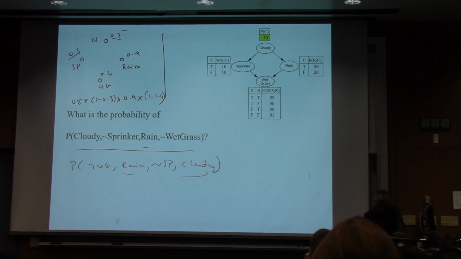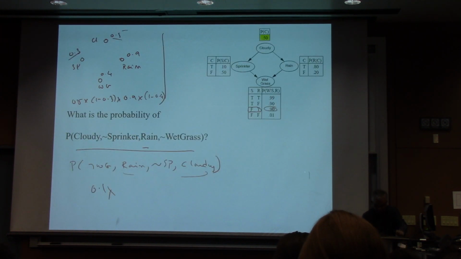So I need to compute the probability of not wet grass given rain and not sprinkler. If the sprinkler is false and rain is true, then wet grass will be 0.9, so not wet grass would be 0.1.